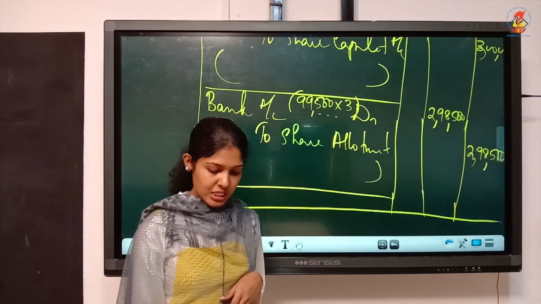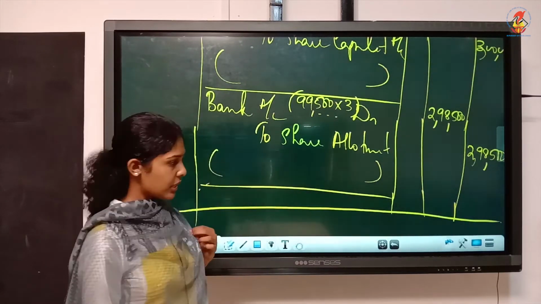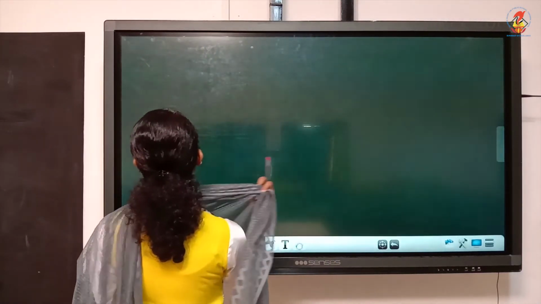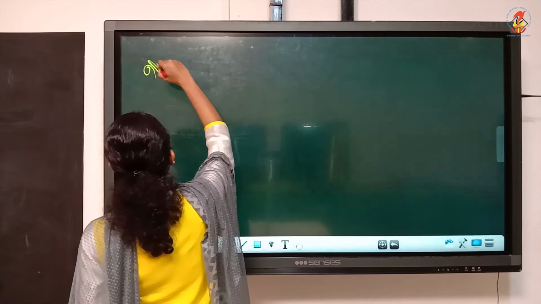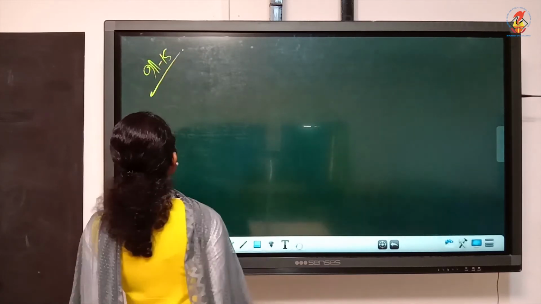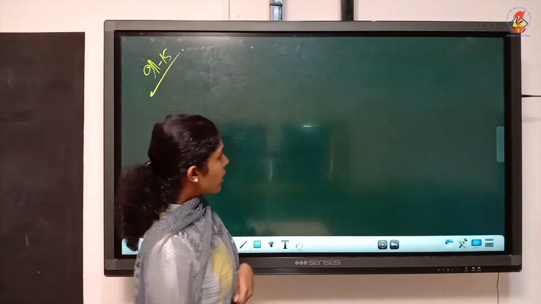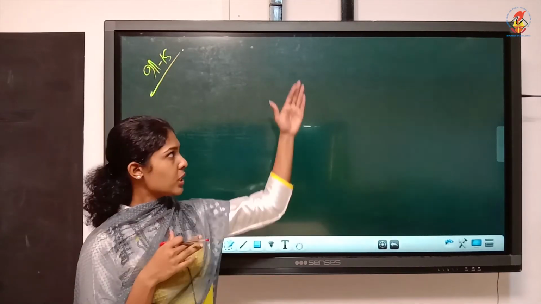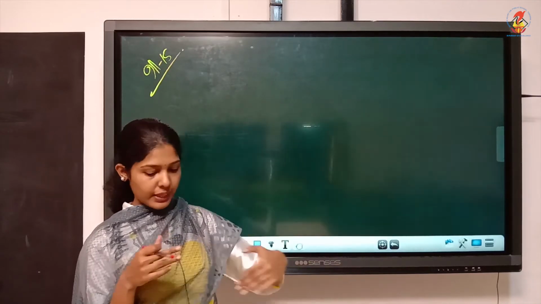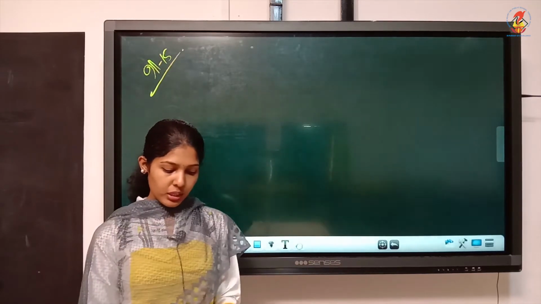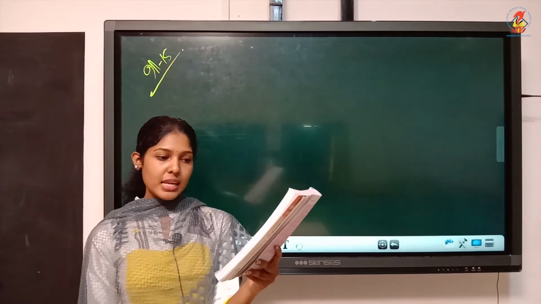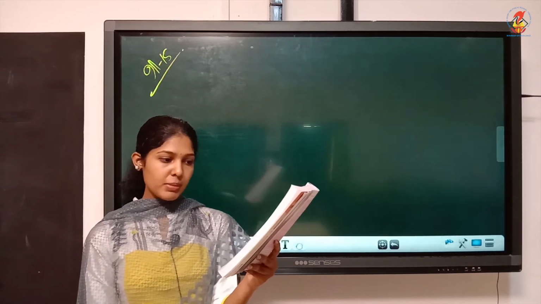Illustration 15, we'll do illustration 15 now. First you have to see whether it is oversubscription. If it is oversubscription, you have to start with working note, then write journal. Kirloskar Limited issued 20,000 shares, 10 each. Okay, it is written in installments.